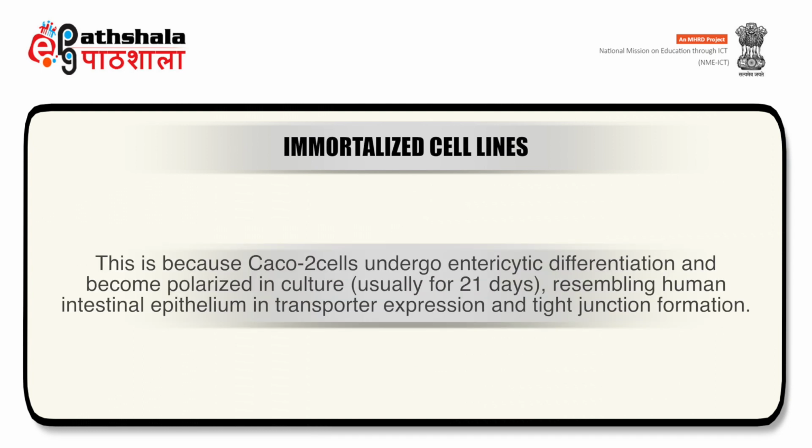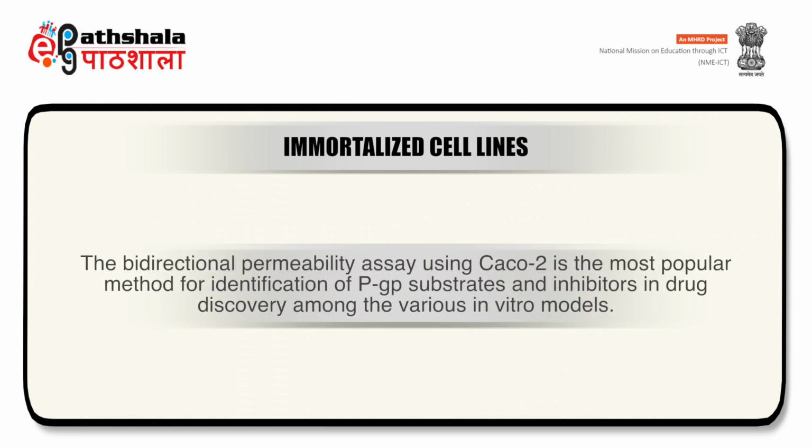This is because Caco-2 cells undergo enterocytic differentiation and become polarized in culture, usually for 21 days, resembling human intestinal epithelium in transporter expression and tight junction formation. The bidirectional permeability assay using Caco-2 is the most popular method for identification of PGP substrates and inhibitors in drug discovery among the various in vitro models.